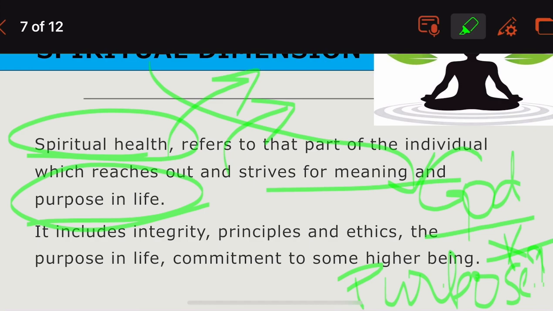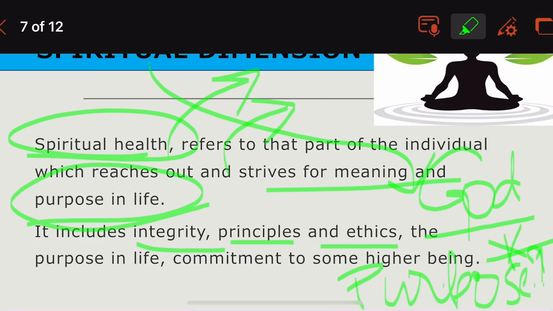It will include the integrity, the principles, the ethics. So we believe we have the morals, we have the ethics. We do not roam around doing murder, robbery, burglary, all such things we don't do, because we have certain principles, ethics. We fear the supernatural power, the unseen power, which is nothing but the spiritual health.